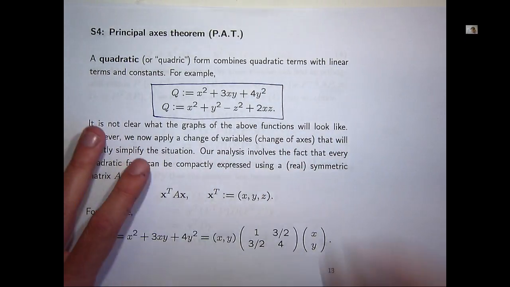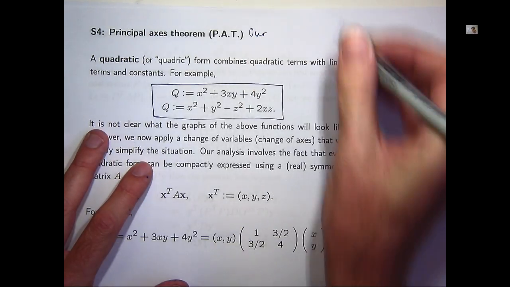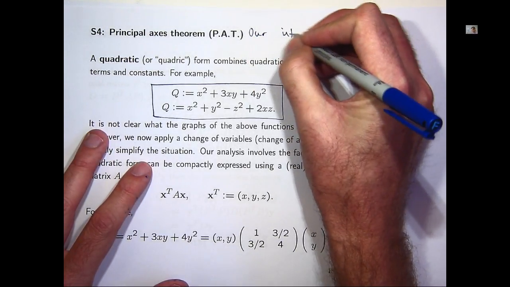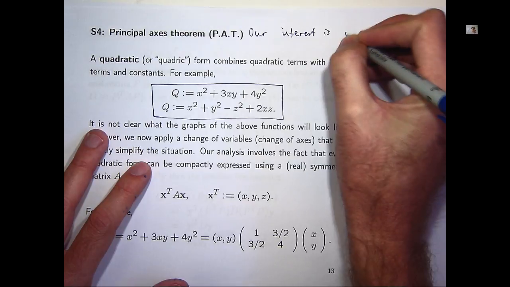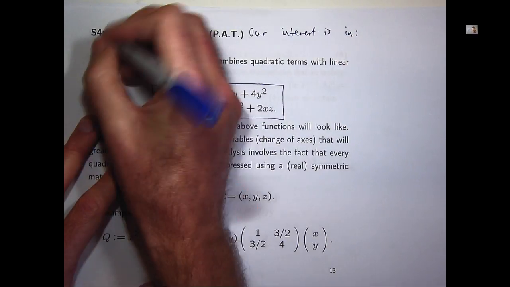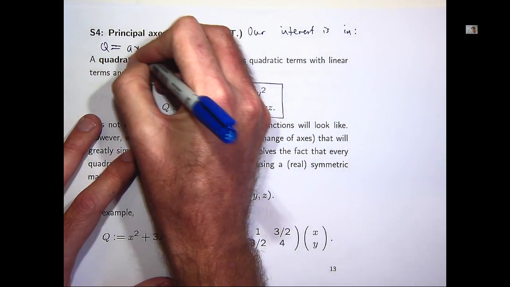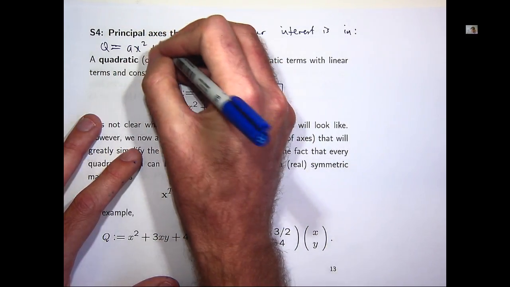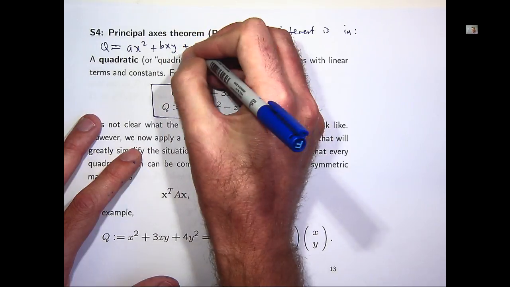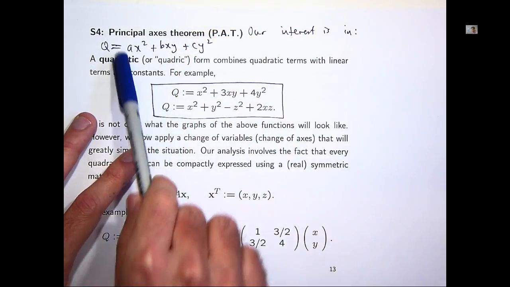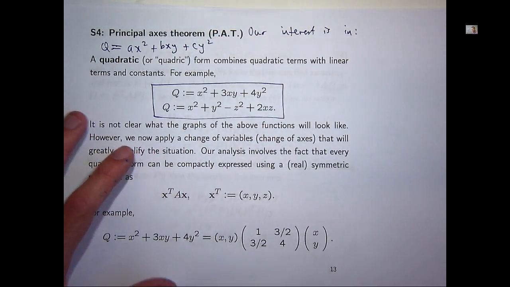Okay, so our interest will be in the following form. Say a simple form like this in 2 dimensions. So here A, B, and C are just constants.